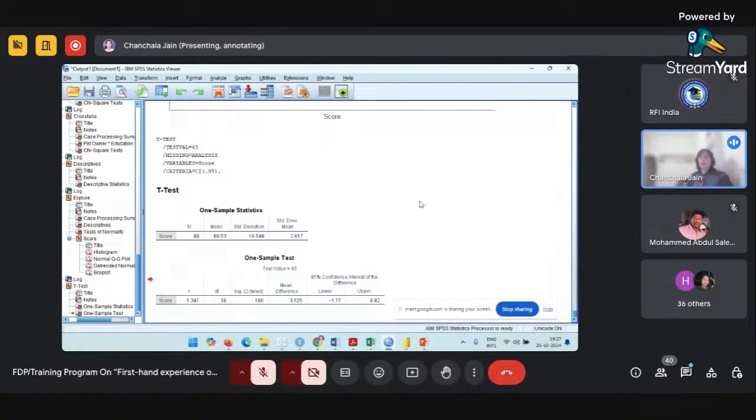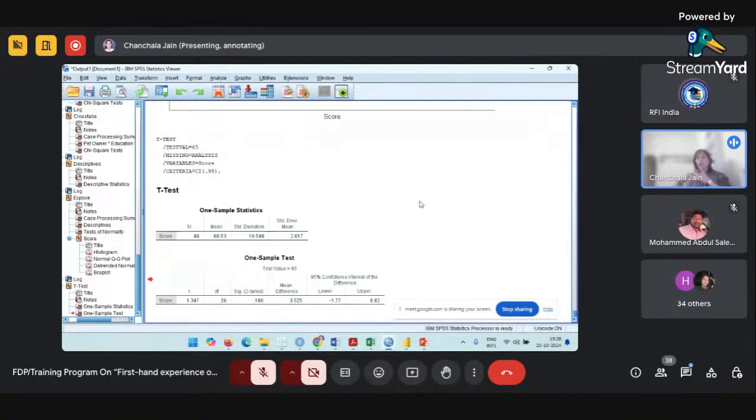If you want to consider the T value, in that case you need to have the table value. You can download the table, and using the table you need your degrees of freedom and your level of significance, and that way you will get the table value. Then you can compare the table value and the calculated value. These are the rules for deciding rejection or acceptance of the hypothesis.